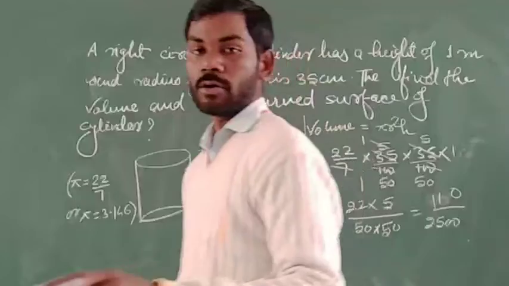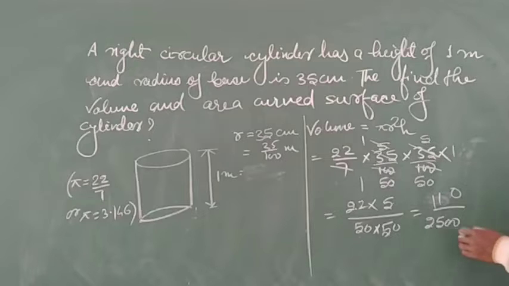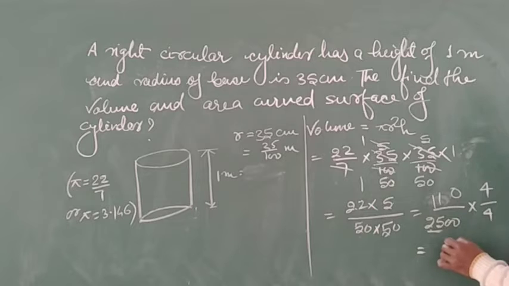Okay, now when we solve it, in order to make 25 a multiple of 10, we multiply by 4 and 4, and so here we get 440 upon 1000. 25 4s are 100. Now when we solve this, we get 0.0440 meter square.